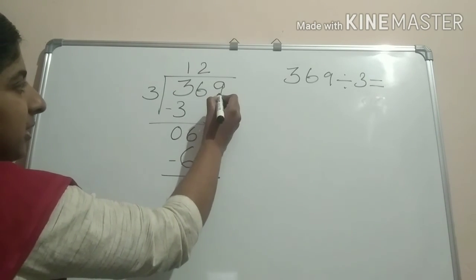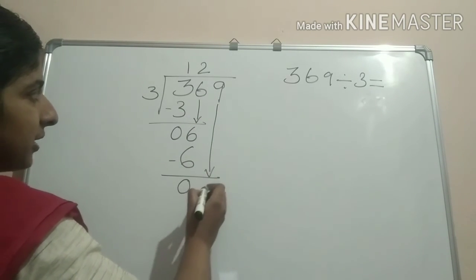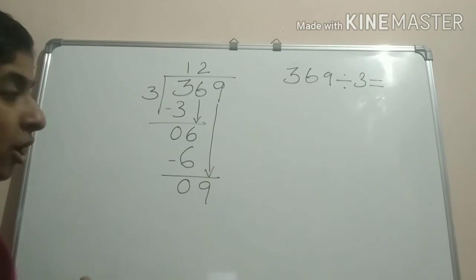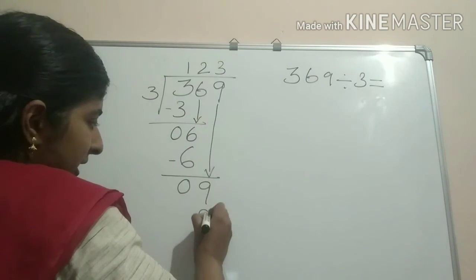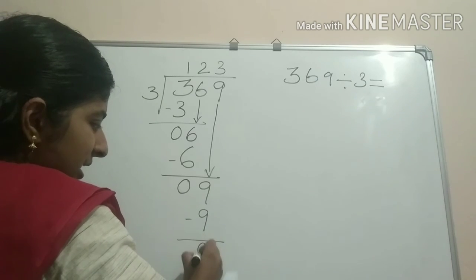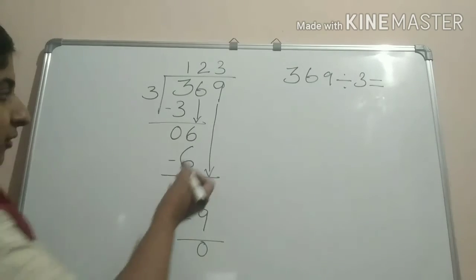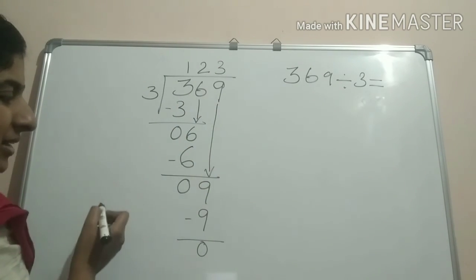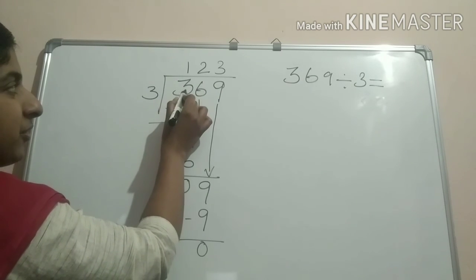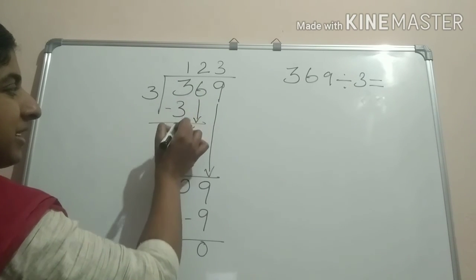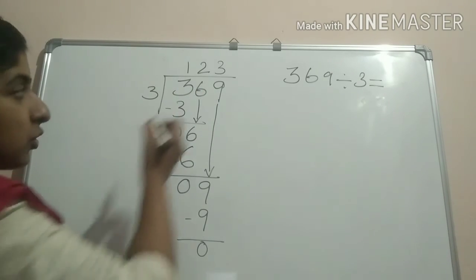Then this 9 is here. 9 has how many 3s? 3 3s are 9. Then 9 minus 9, answer is 0. See, remainder is 0. We divide each number separately and no balance here. We can divide each number completely. So, no balance.